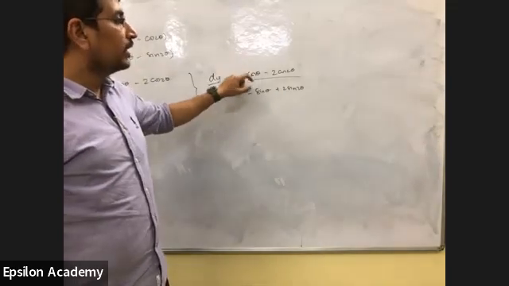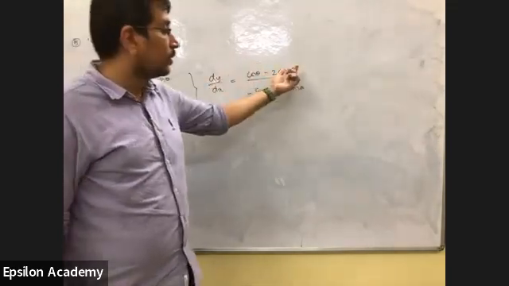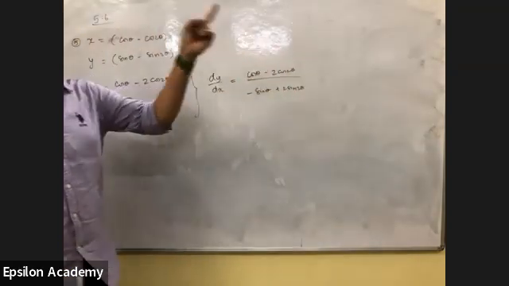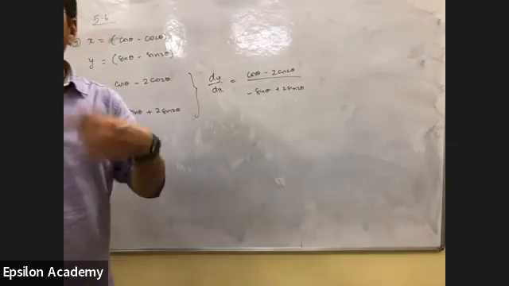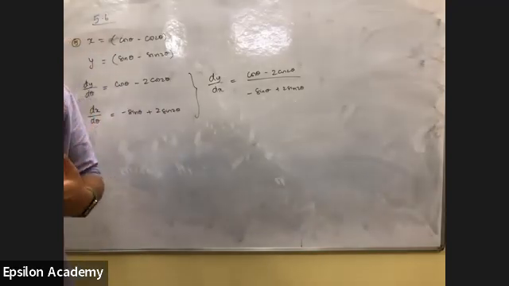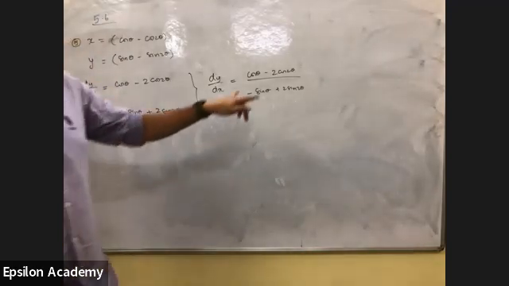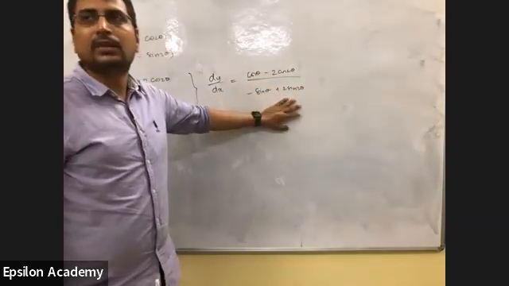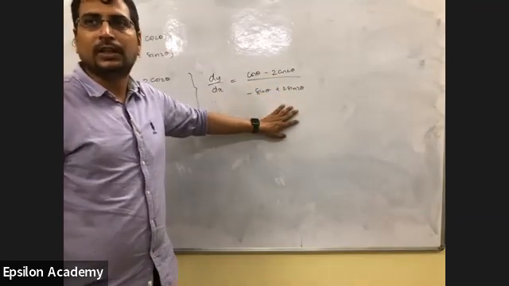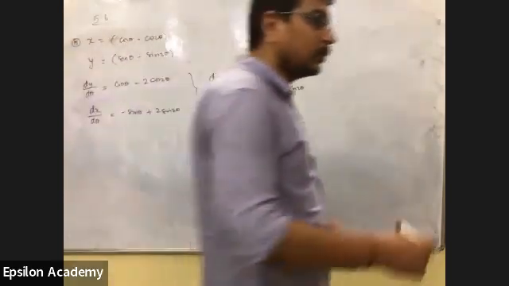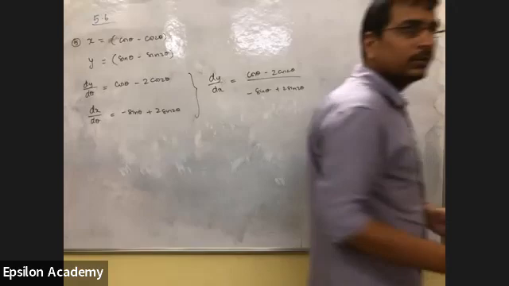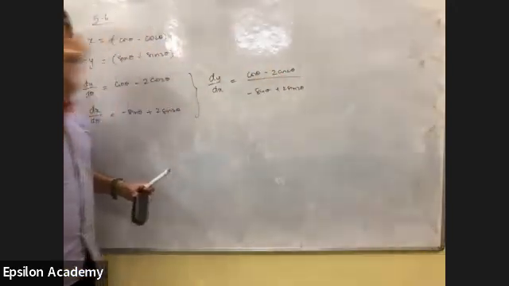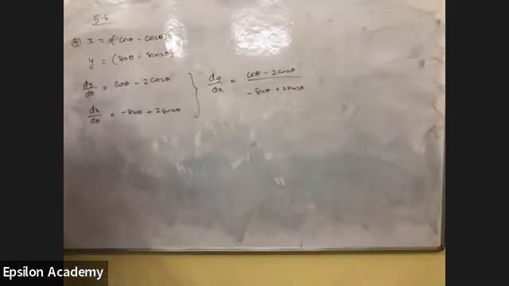But in the numerator, cos theta is there, but for cos 2 theta, the formula is either 2 cos square theta minus 1, or 1 minus 2 sin square theta, or cos square theta minus sin square theta. So I don't have anything common in all the three. If I start solving this, it will become a tedious process. It's better to leave it like this. Sometimes you might get a doubt of when to simplify, when not to simplify. Whenever things are complicated and not common in the numerator and denominator, leave it as this.